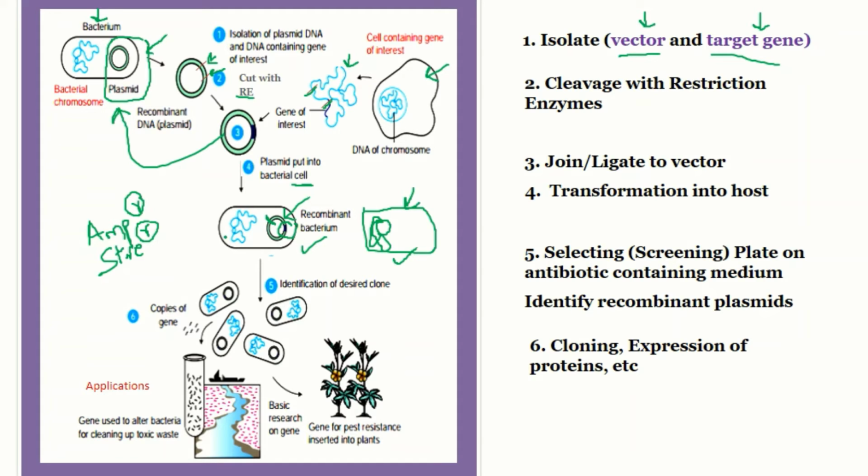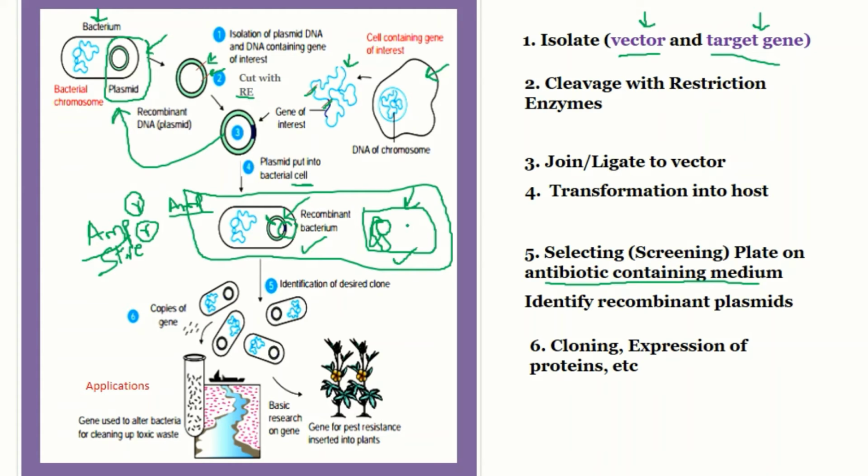So what is going to happen is, because it has a resistant gene for ampicillin, if you grow our cells in antibiotic containing medium, which has now ampicillin antibiotic, then those that were able to pick up the recombinant plasmid are going to grow, because they already have a resistant gene against this antibiotic.